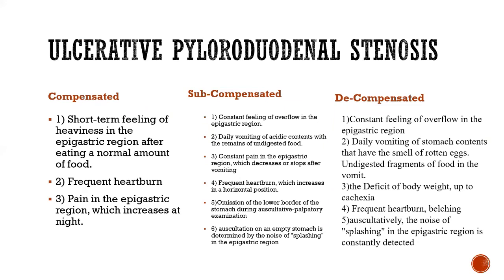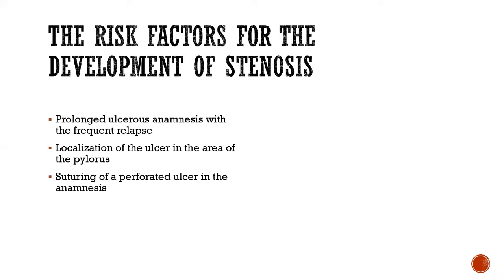And the last complication for today, the ulcerative pyloroduodenal stenosis. The risk factors for the development of stenosis are the prolonged ulcerous anamnesis with frequent relapse, localization of the ulcer in the area of the pylorus, and suturing of the perforated ulcer in anamnesis.